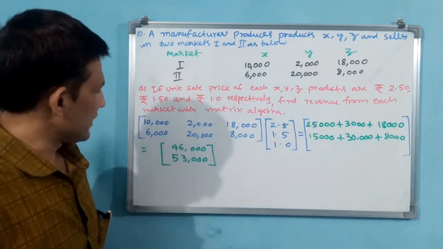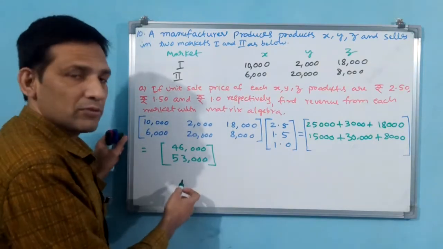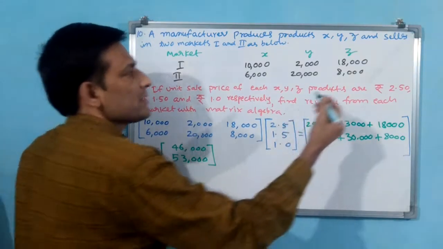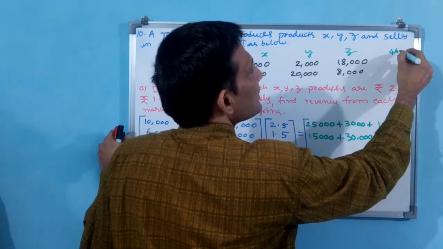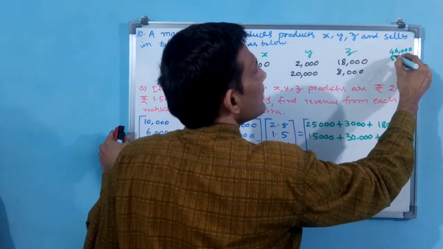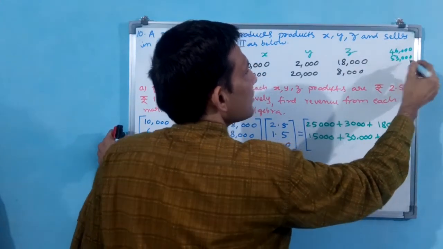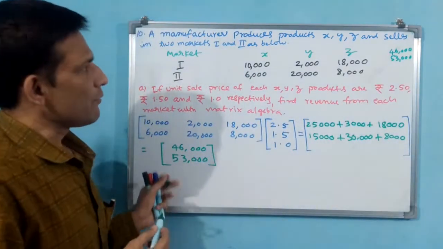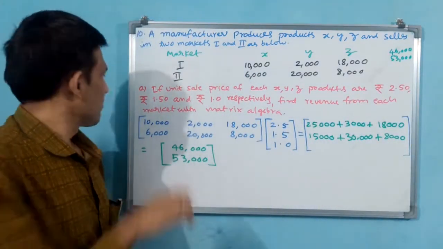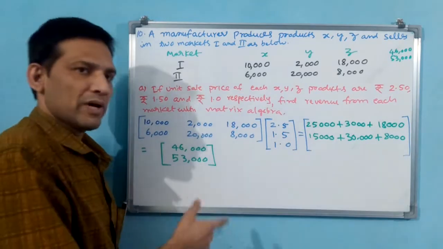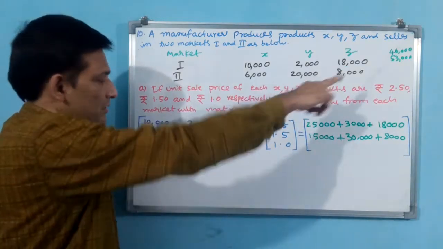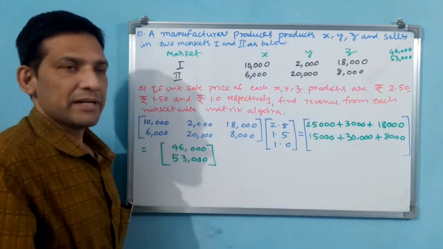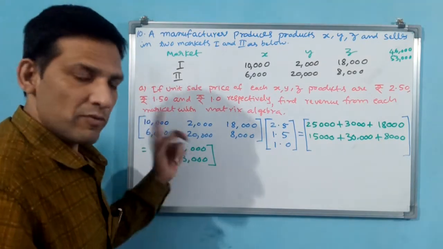I am going to rub this out for the second part. Let us do part B. These figures are also required for further calculation. Write down, then we will go for part B.